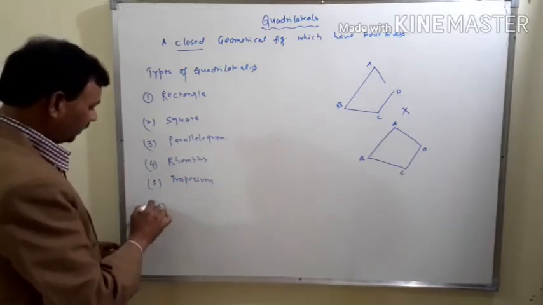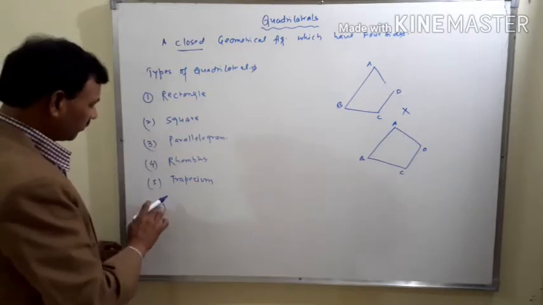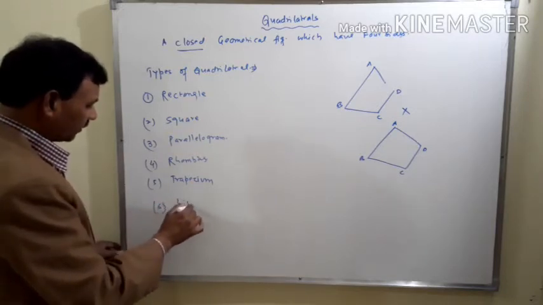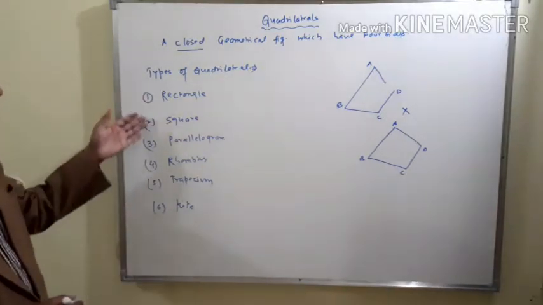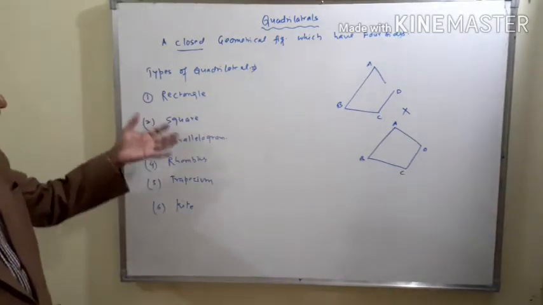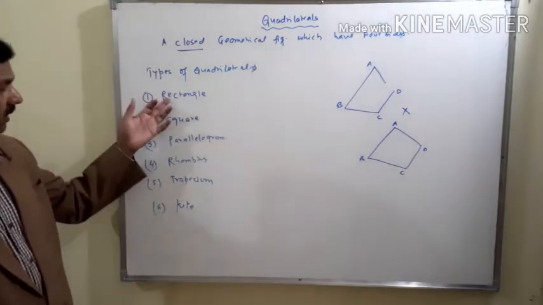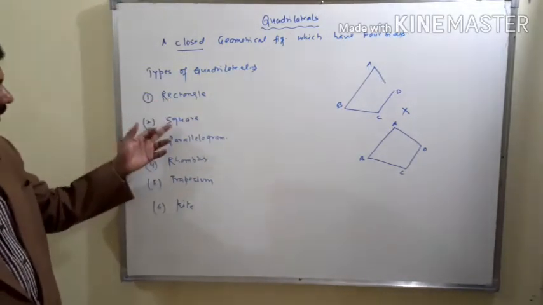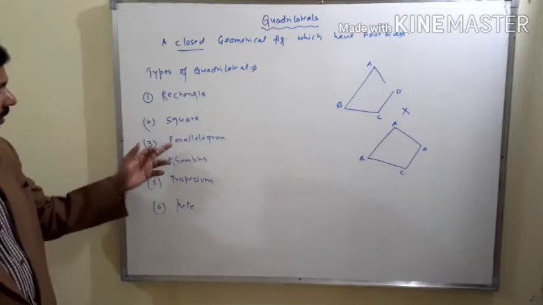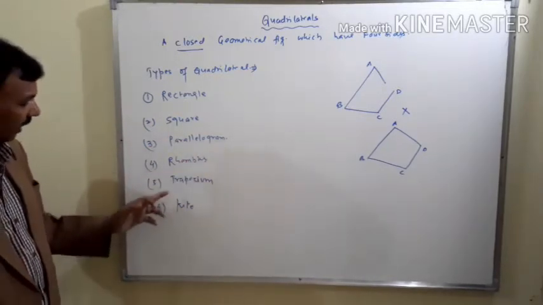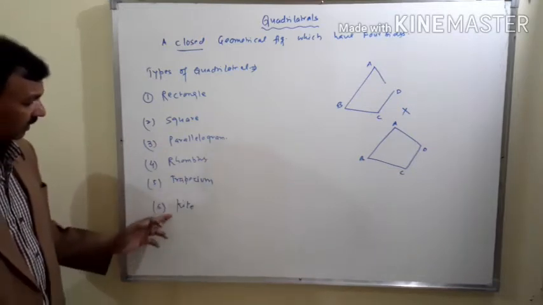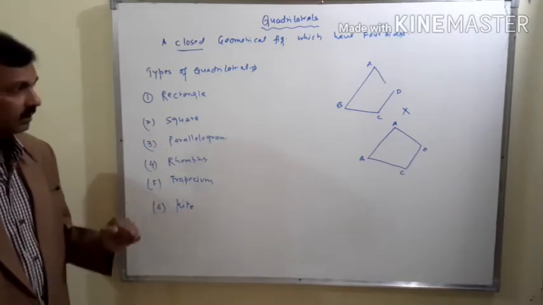And sixth is kite. These are special quadrilaterals, and each has a particular name.